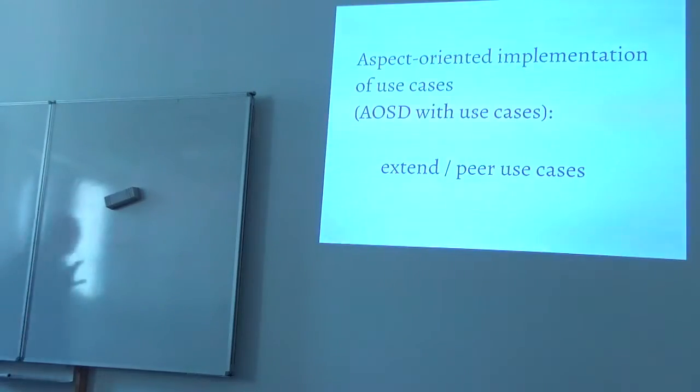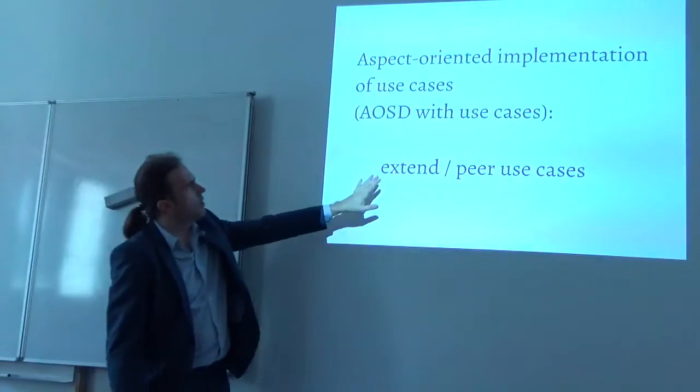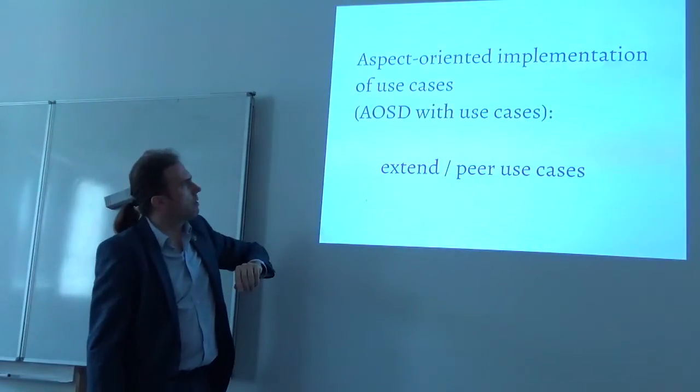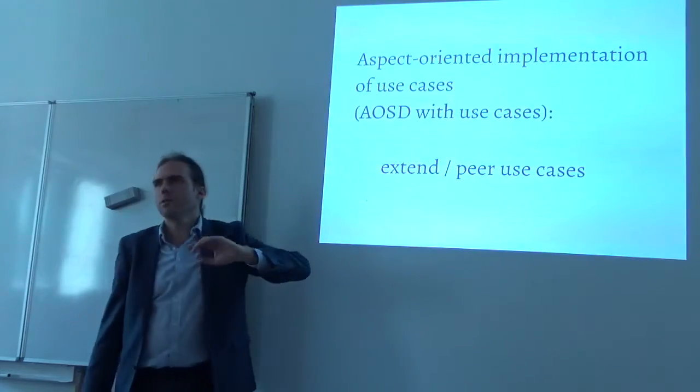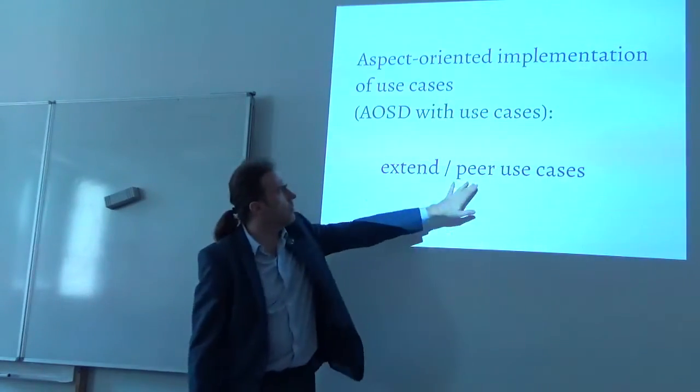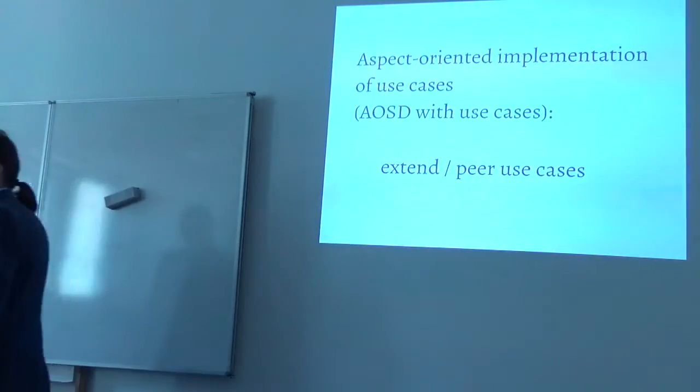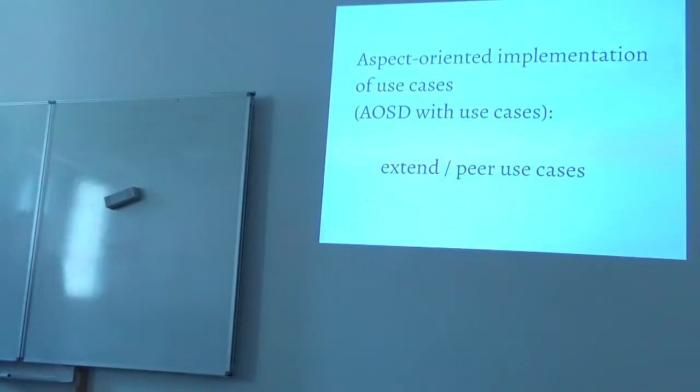This is like an extend relationship. The asymmetric approach applies here, and for peer use cases a symmetric aspect-oriented approach applies. You can emulate symmetric aspect orientation even in AspectJ, and you can successfully implement use cases using AspectJ.